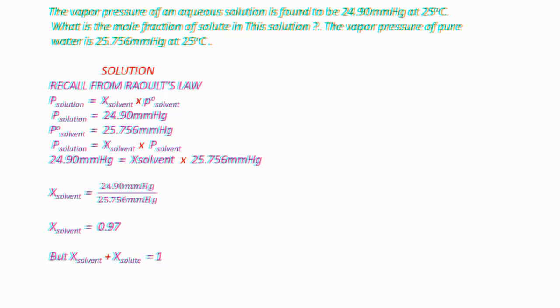So we are looking for the mole fraction of the solute. So let's make X solute the subject of the formula. That is just simple. We'll just take X solvent to the other side. It is positive; crossing the equality sign, it becomes negative. So we have X solute equals 1 minus X solvent.